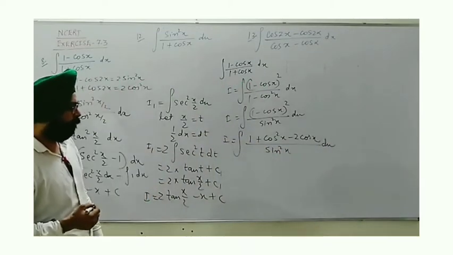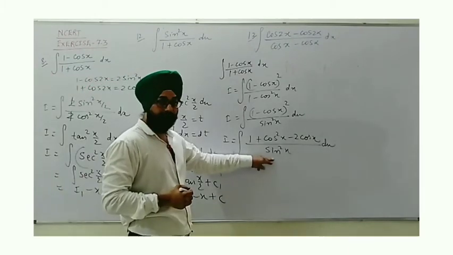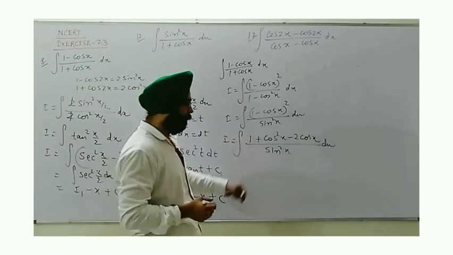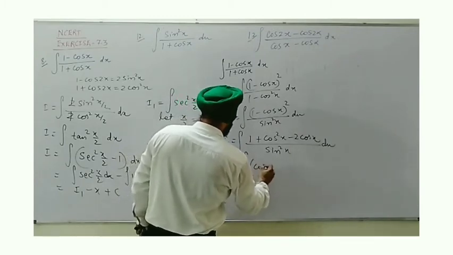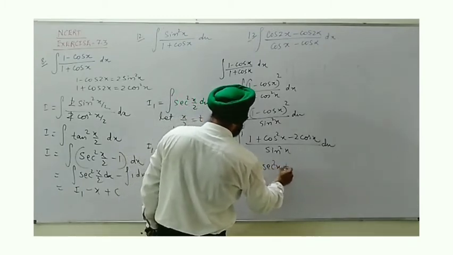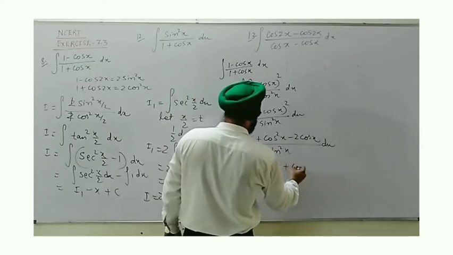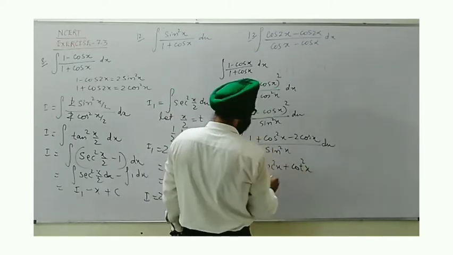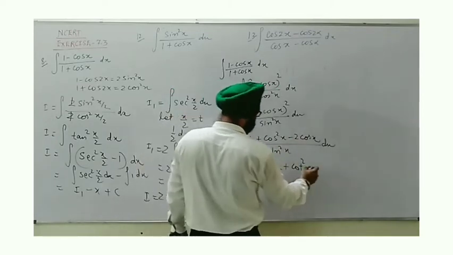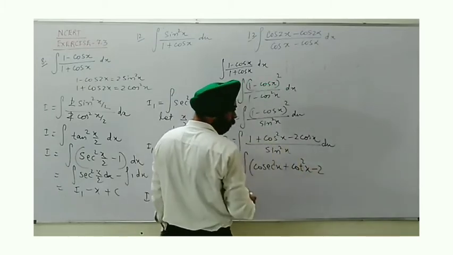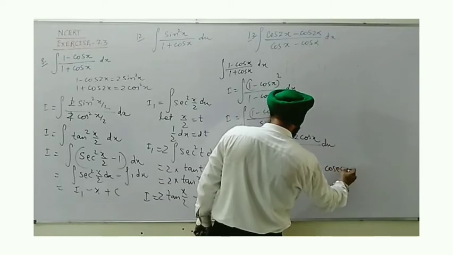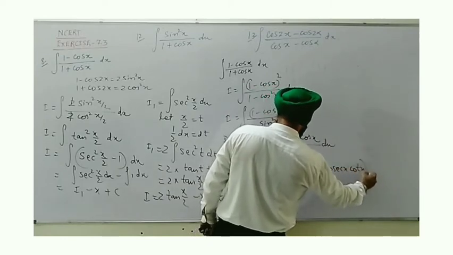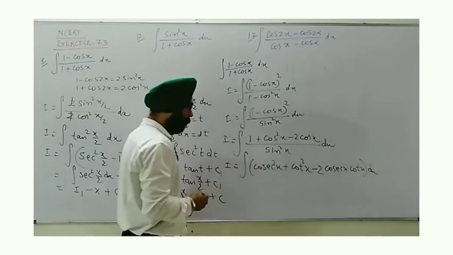Now as I see, sin square x being a monomial, we can separate each term. So I is equal to the integral of cosec square x plus cos square upon sin square, which becomes cot square x, minus 2 cos upon sin square, that is cot x and 1 upon sin, cosec x, dx.